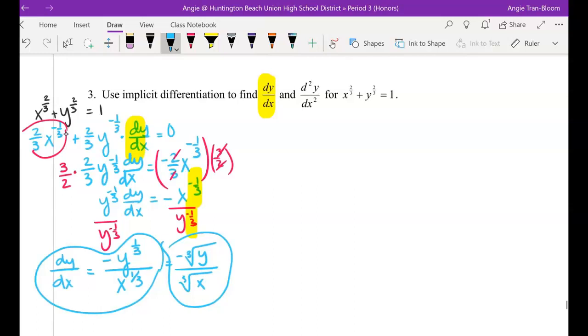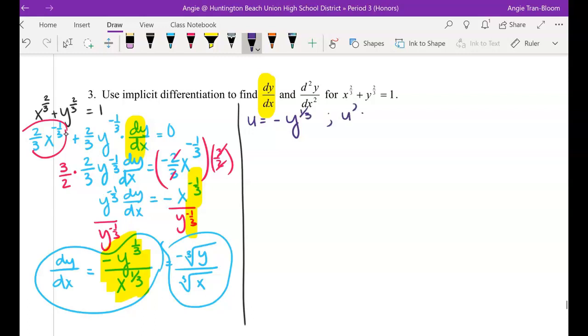Next, we are going to try to do the second derivative, which again, I still need lots and lots and lots of space, okay? So the second derivative is, I'm going to take, obviously, the first derivative and do sort of a quotient rule. So I'm going to let u be the numerator, which is negative y to the positive 1/3 power.